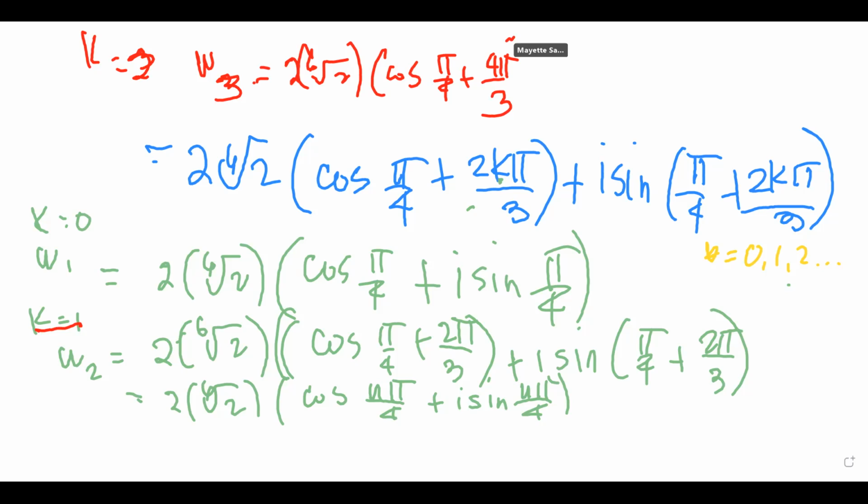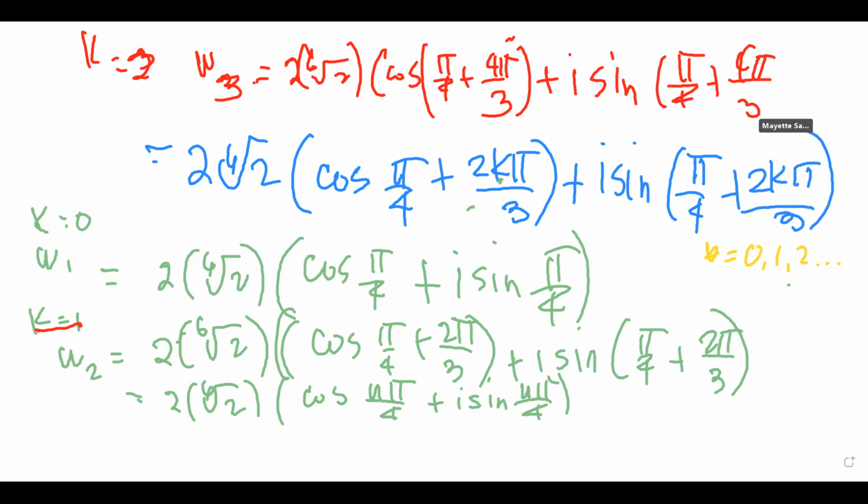Okay? And then we have plus i sine of pi over 4 plus 4 pi over 3.